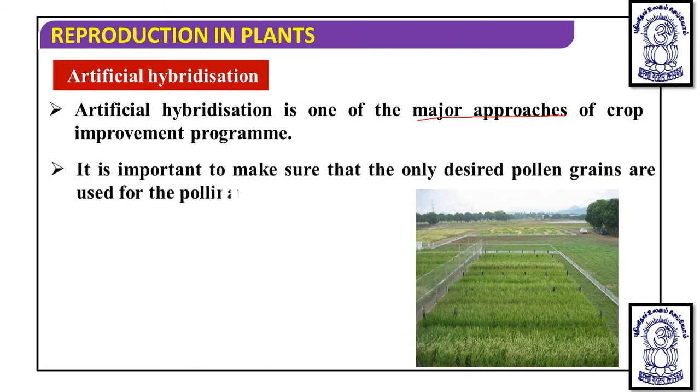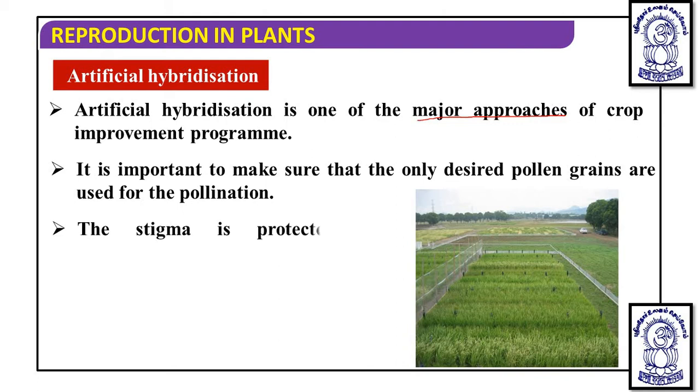Artificial hybridization is an important technique which makes sure that we will be crossing only the desired pollen grain with the desired stigma. So the pollination will occur on the basis of our will.